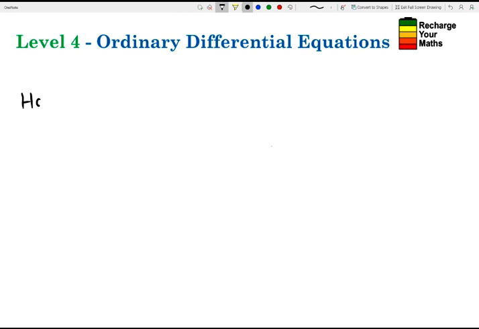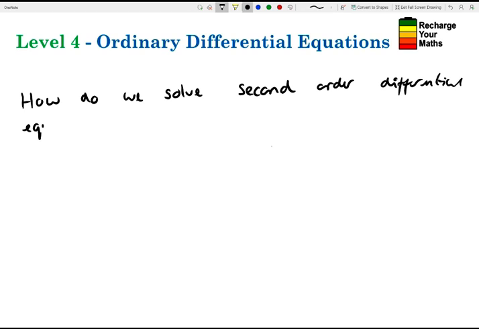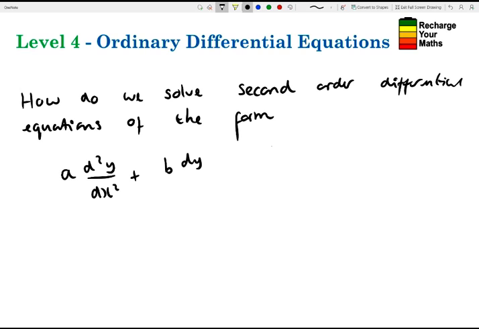So, how do we solve second order differential equations of the form a times the second derivative of y with respect to x plus b times the first derivative of y with respect to x plus c times y is equal to some function of x?